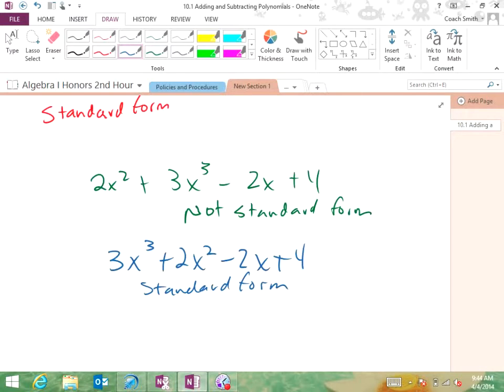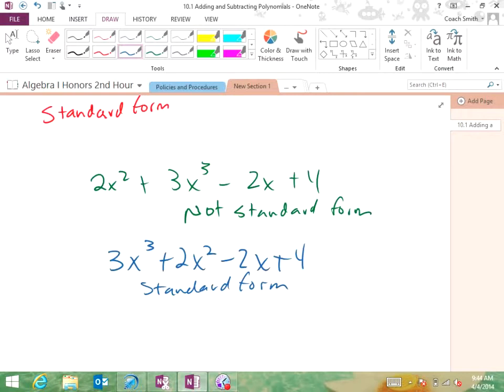So if you have multiple letters, you pick one of the letters and list it, and you try to go alphabetically. So if we have an A and a B variable in our trinomial, and one of them is to the second power and the other one's not, then we take the one that's second power and list it. If it's alphabetical, you want to list it first.